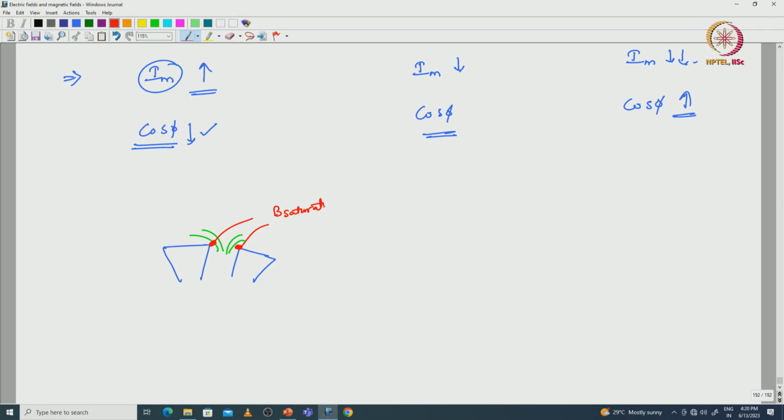We have to select the slot shape with respect to this aspect also. There is a chance for saturation at the sharp edges of the corners, because most of the flux lines will merge or leave from that point of the teeth. So, this is another point to be considered, and with this the slot shape selection we can decide.